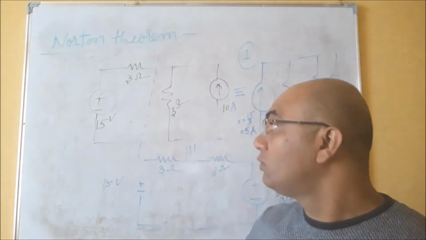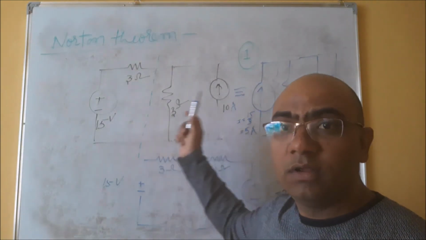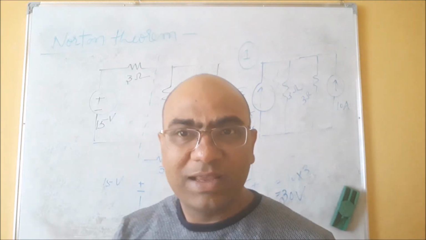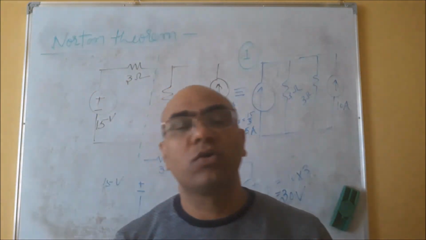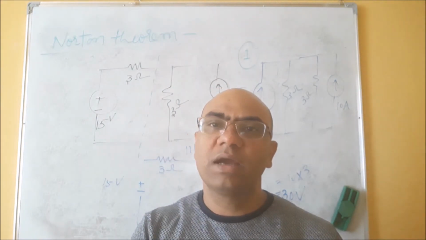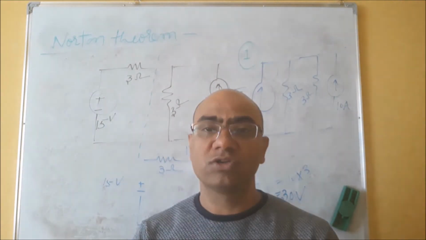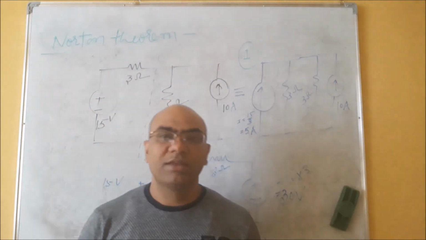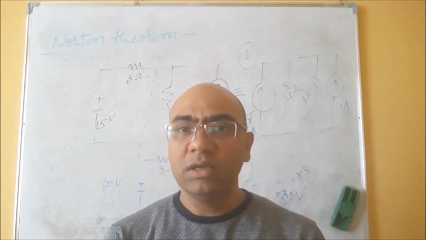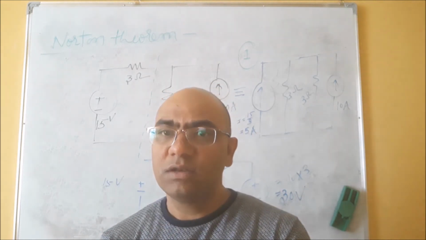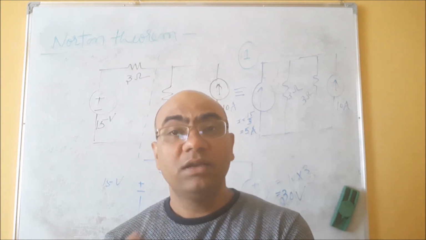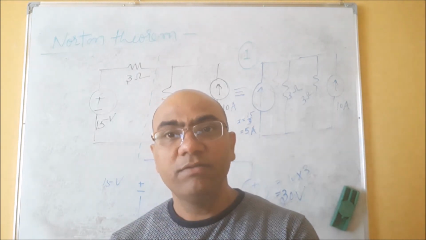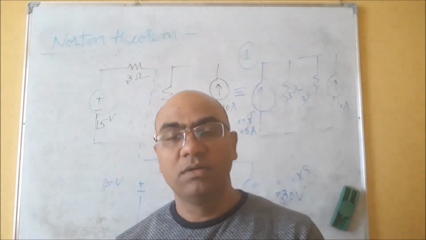Doesn't matter whether you take this one for your problem, this one for your problem, or this one for your problem. So you can change according to your convenience, according to your requirement, to any kind of circuit. You can change voltage source into current source or current source into voltage source. And finally, if you change the circuit, the values in the circuit will remain the same in terms of the final answer. Intermediate values will be different, right?